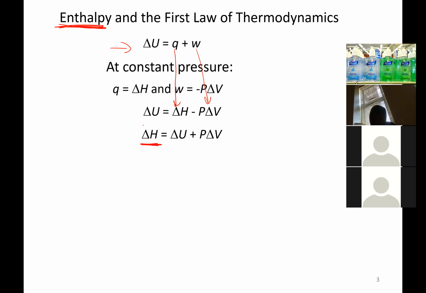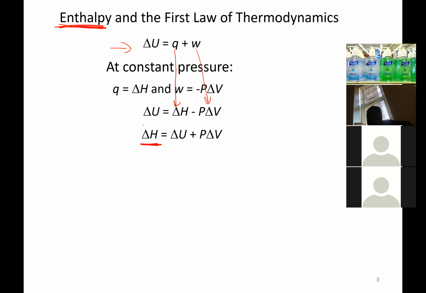State functions, like on the first page of your chapter, are those functions where it does not matter how many steps it takes to complete. On the first page of your chapter, it shows a person going up a mountain. They either take a straight line from the bottom of the mountain to the top, or take a really curvy way to get to the top.